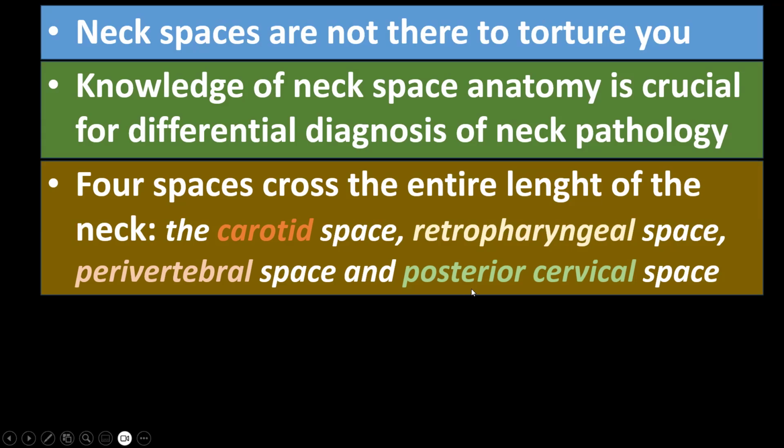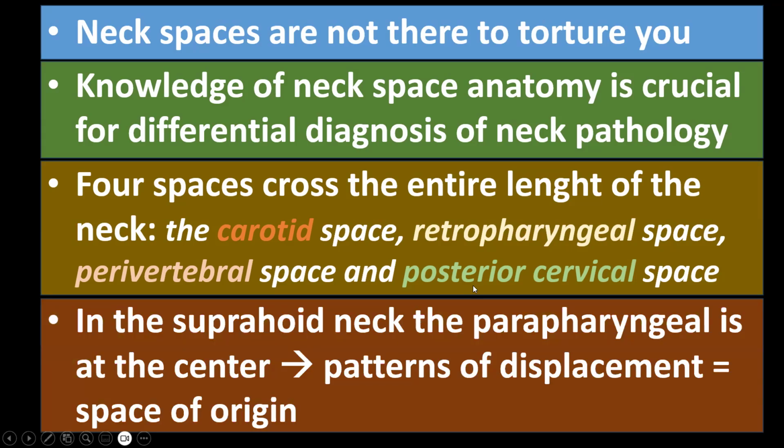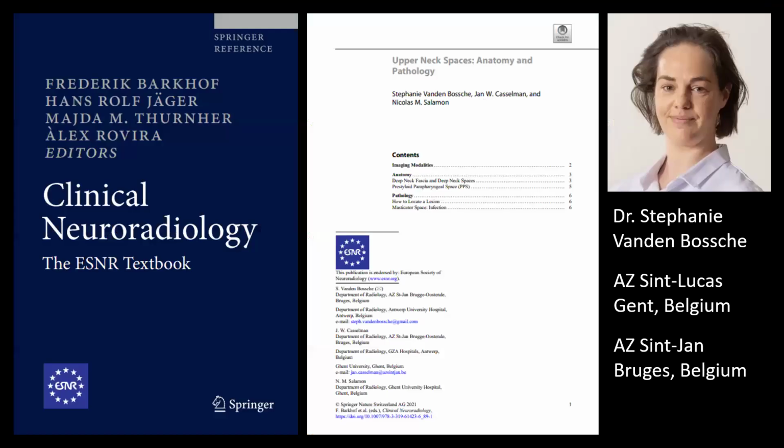So if you see something over there, it's mostly going to be lymph nodes. And in the suprahyoid neck, the parapharyngeal space is basically the center of your neck spaces. It's the crossroad of all the neck spaces. So try to recognize patterns of displacement to locate the space of origin. Okay, that concludes my presentation on imaging, anatomy, and pathology of the neck spaces.